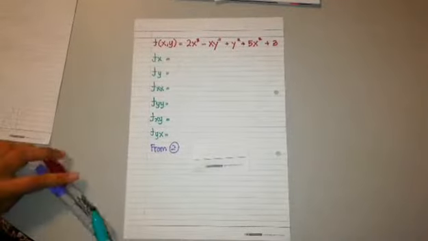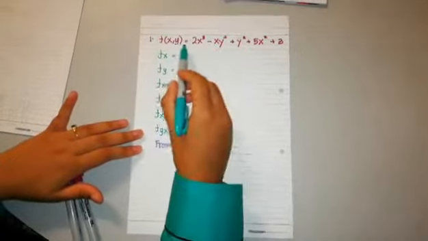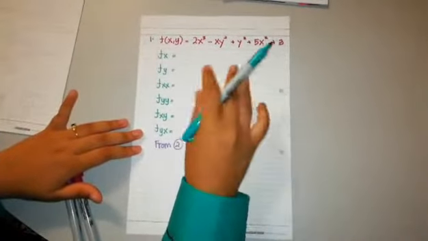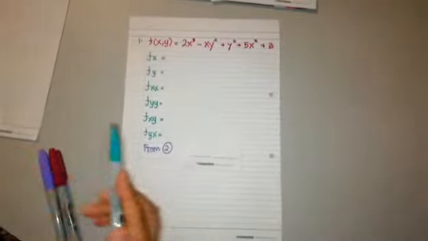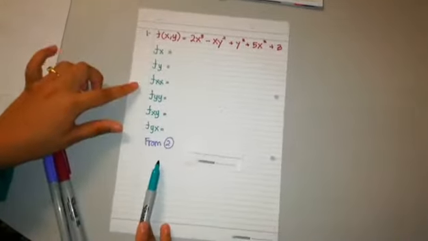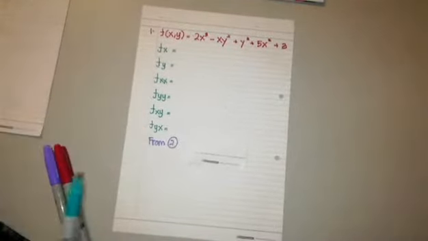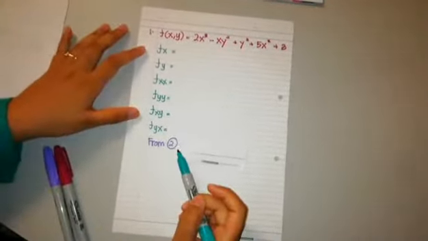Alright, let's do question number 1. This is the equation. The first thing that we need to do is find fx, fy, fxx, fyy, and fxy, which equals fyx. Let's start with the first one.